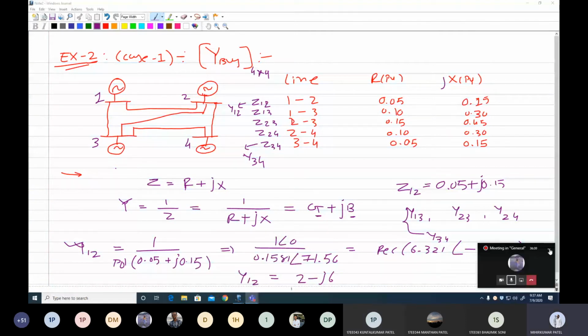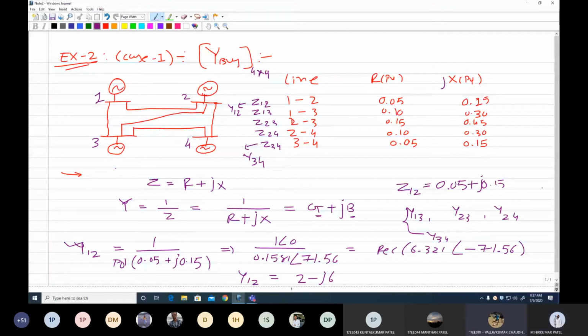Anyone with the answer of Y13? 1 minus j2.99.